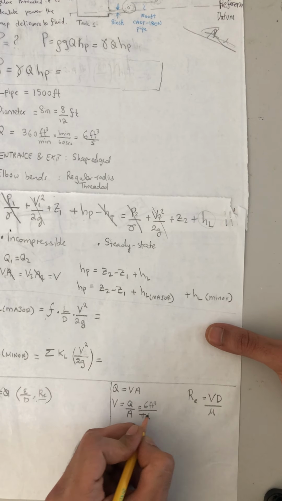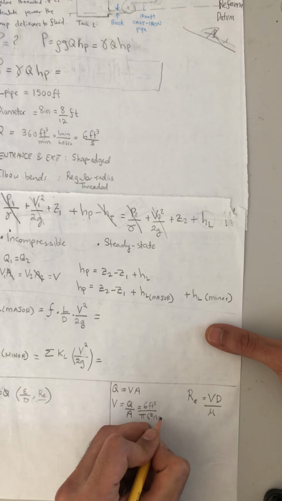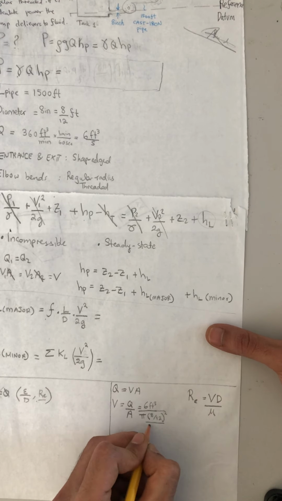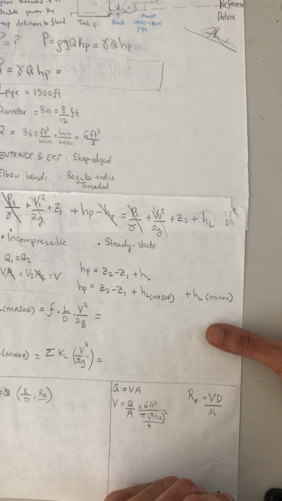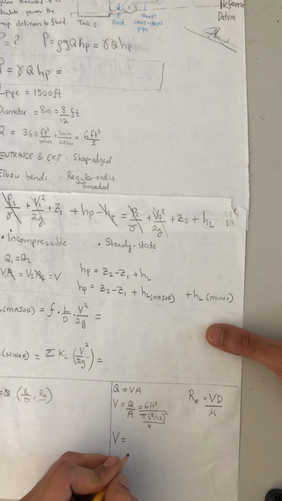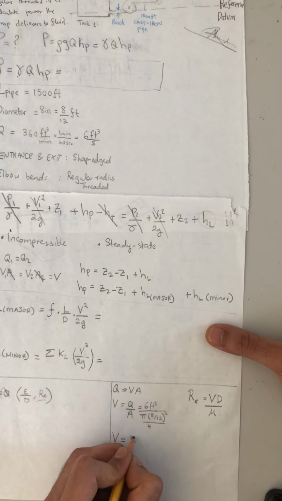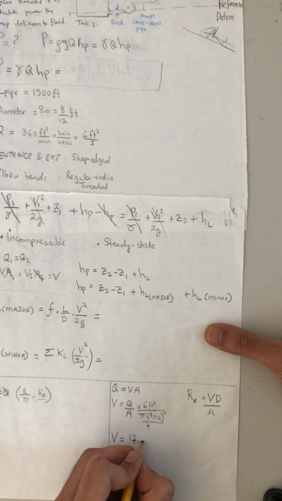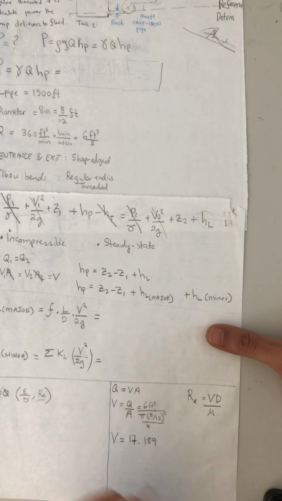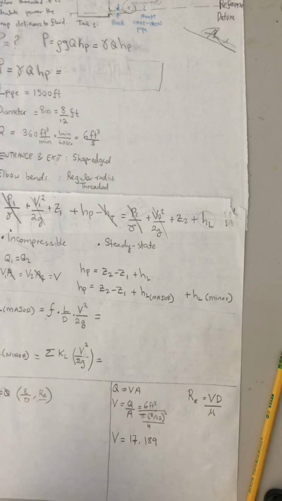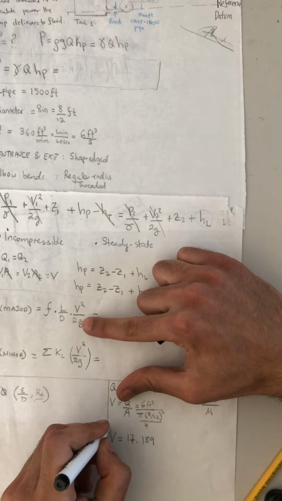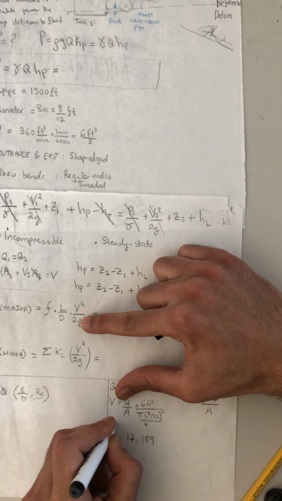Our diameter is 8 over 12, squared. Our velocity comes out to 17.189. It is very important to note down our fluid velocity.